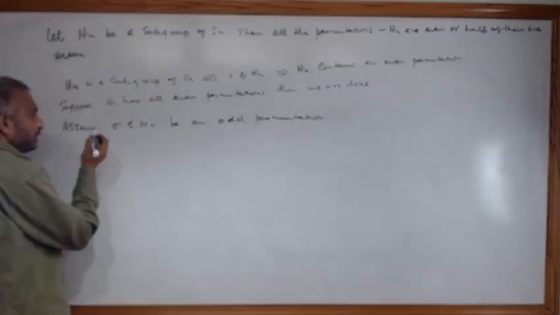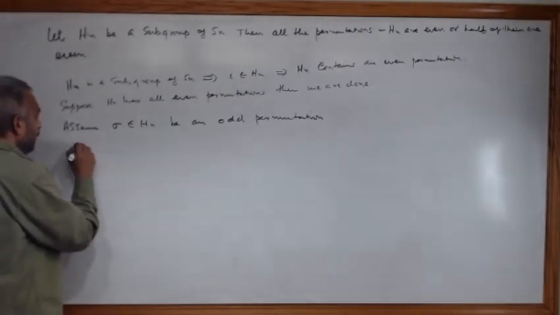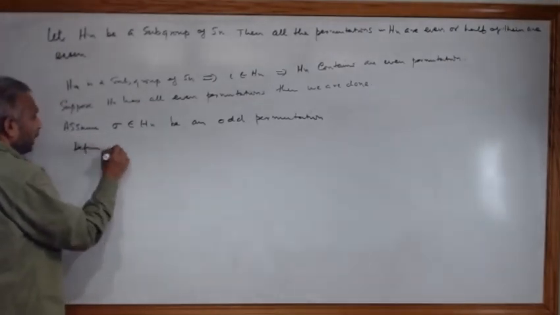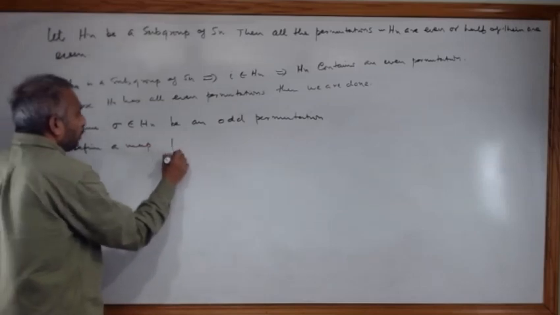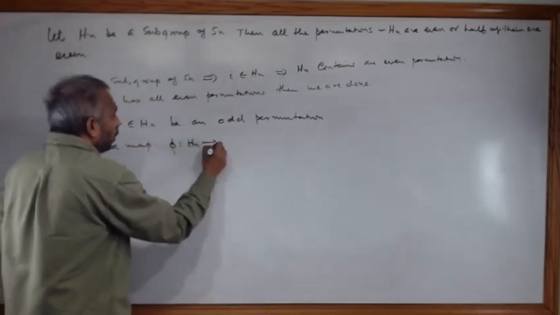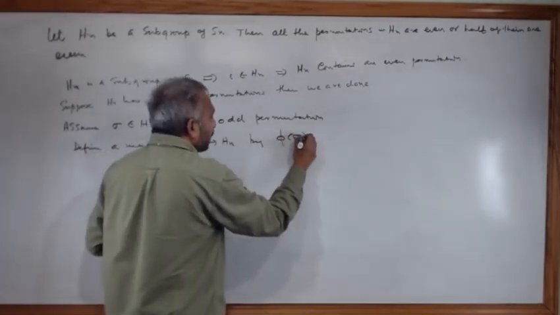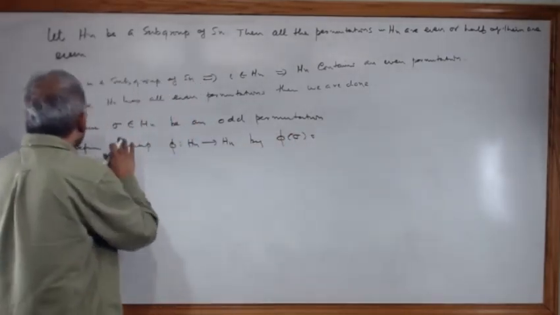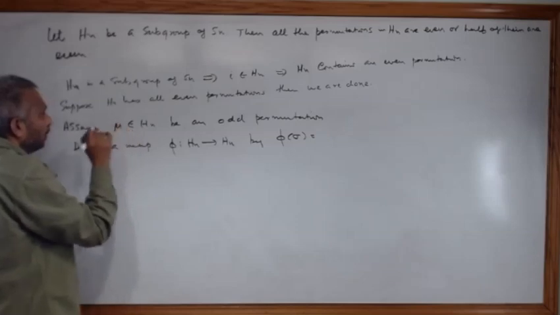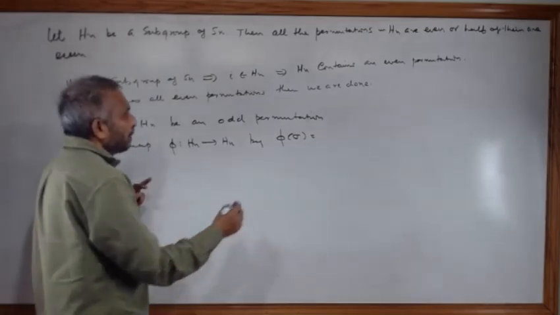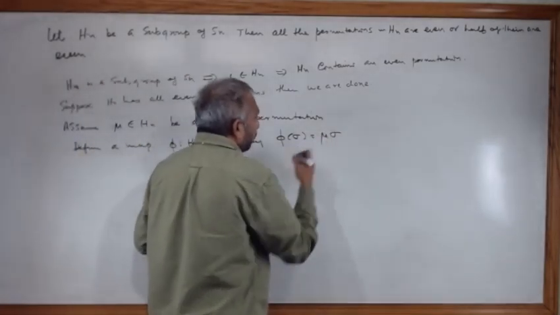Then just like we did earlier, define a map phi from Hn to Hn by phi of sigma equal to mu sigma, where mu is the chosen odd permutation.